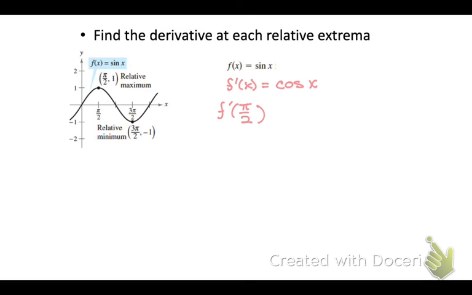The cosine at pi over 2 is what? 0. And I have f prime at 3 pi over 2. So the cosine of 3 pi over 2, which is 270. So y is still, x is still 0.